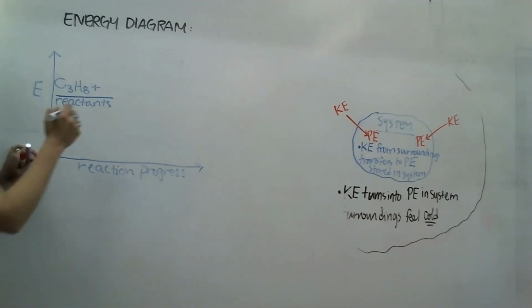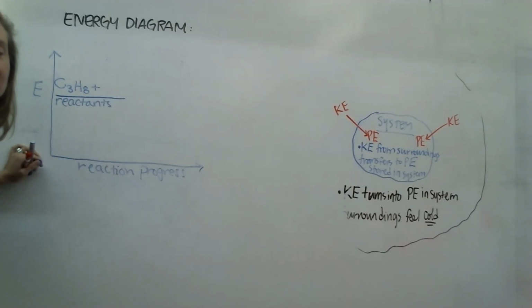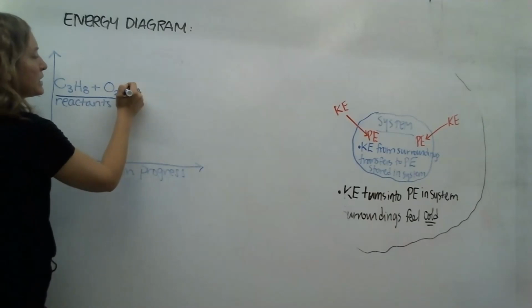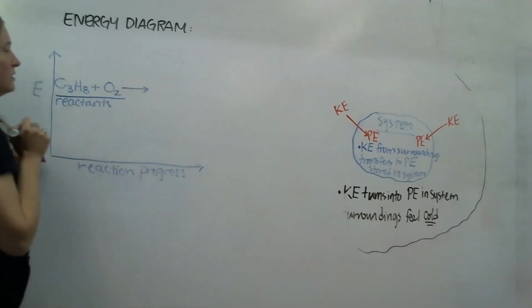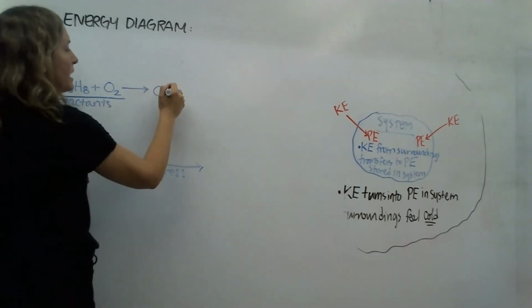And the other reactant for any combustion is what? That was propane. Yeah, oxygen, right? O2, right? And so it was the propane and the oxygen as the reactants that reacted to form carbon dioxide and water.